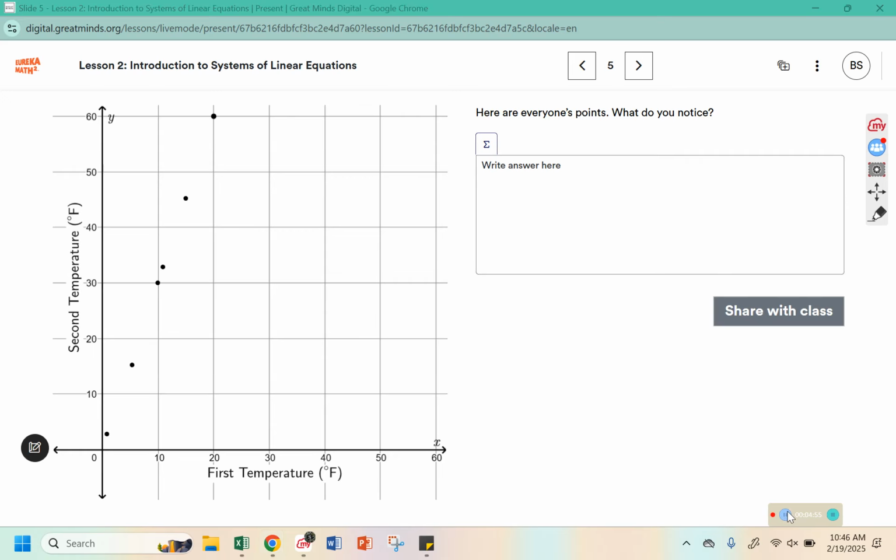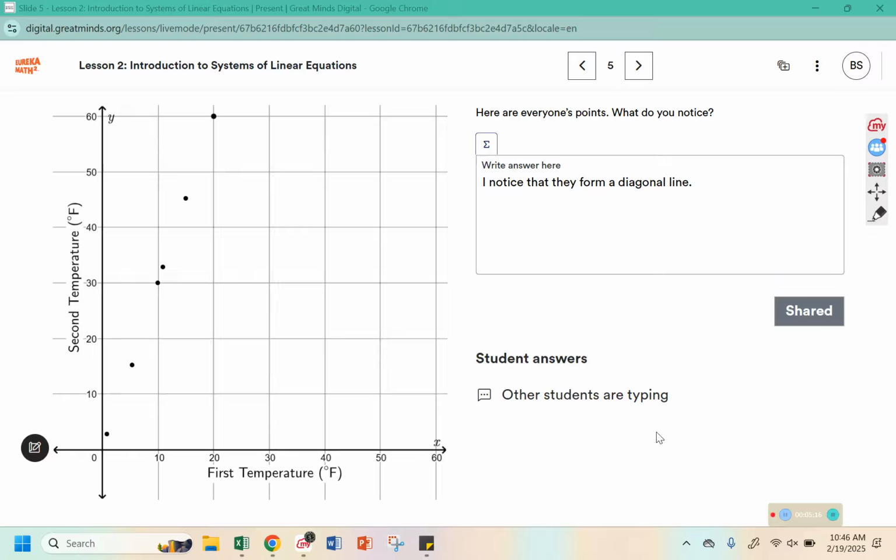Here are some of the points graphed by classmates. What do you notice? I notice that they form a diagonal line. You might also notice something about the slope of that line.